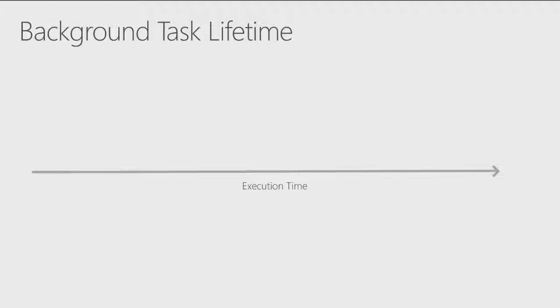OS editions. Now, when you are running a background task, the very first thing that you do is you run it. A background task is rather simplistic in its model in that you have a background task run method, which is initiated, and then it will run to completion.